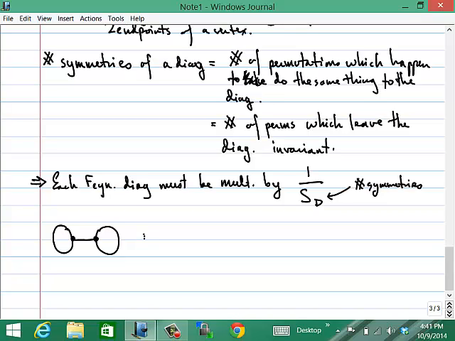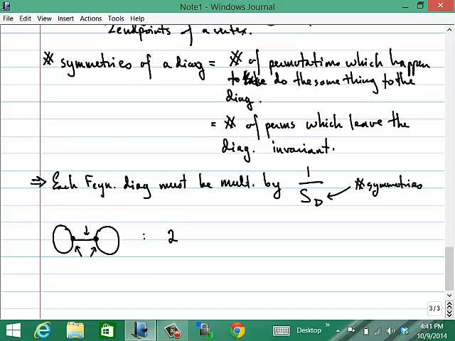So how many symmetries then does this diagram have? That is to say, how many ways are there that you have 2 different permutations that give you the same thing? Well, you could imagine interchanging these 2 vertices, and you could do that 2 ways. You could either do that by interchanging the 2 vertices, or by exchanging the endpoints of this propagator right here. So that'll give you a factor of 2.